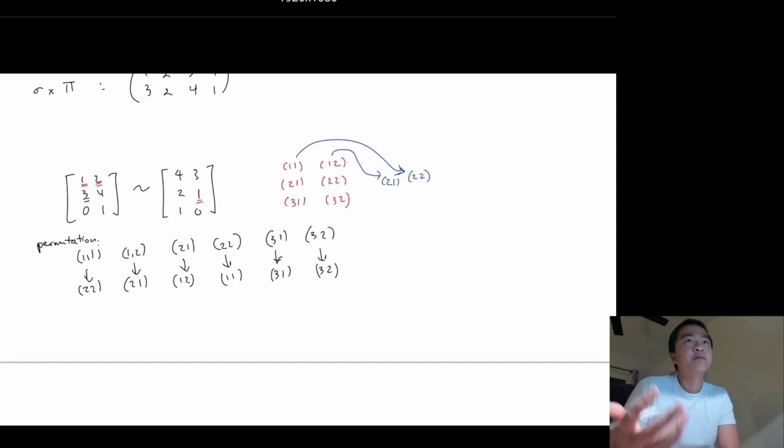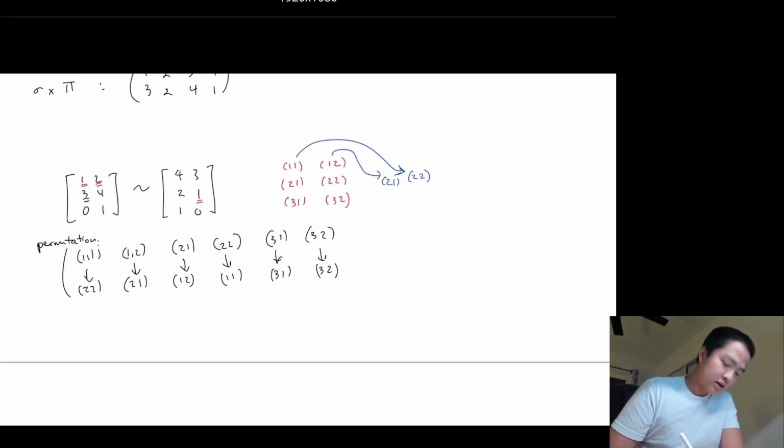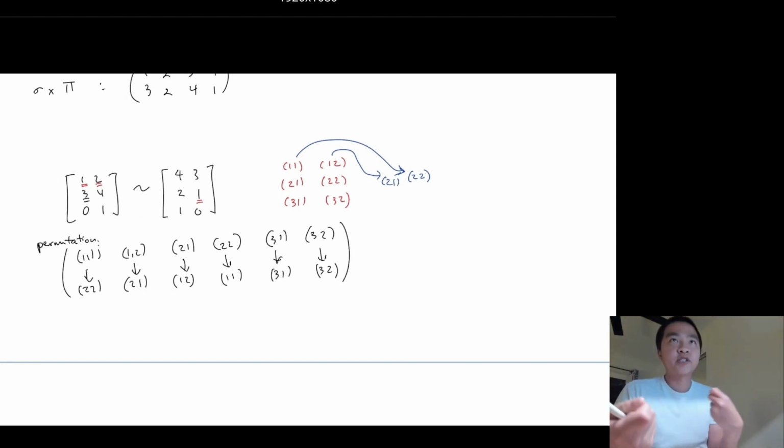Okay, so this is just a permutation on the positions of a matrix.